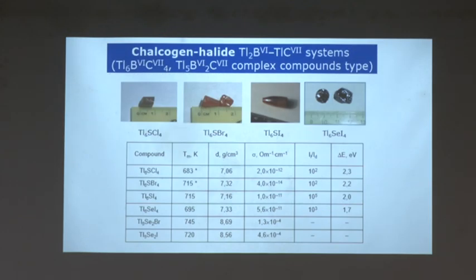Here are some examples from my previous work. We investigated photoconductivity, we investigated some dielectric properties, and also we show the melting temperature. Melting temperature is important for stability of materials.